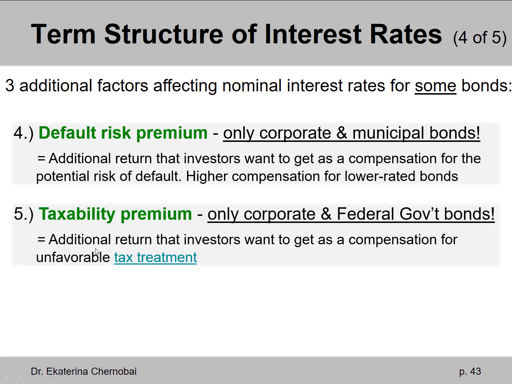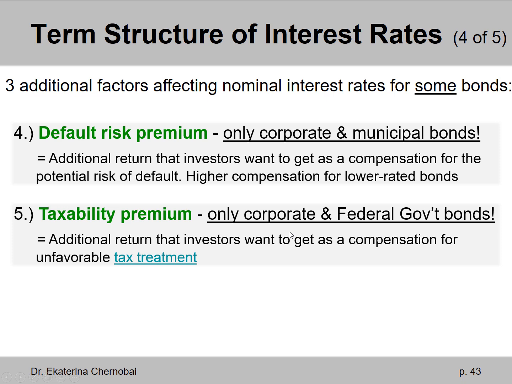Then number 5, again, this is a factor that is true for some bonds, but not all. So we had corporate bonds, federal government bonds, and municipal bonds. Corporate bonds and federal bonds pay coupon payments that investors will need to pay tax on.